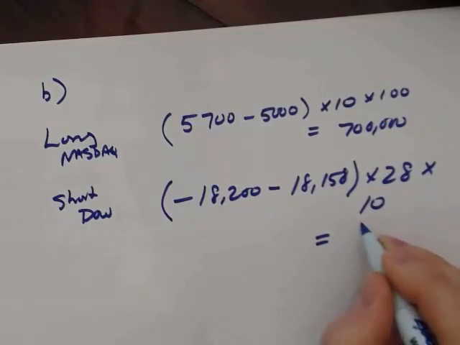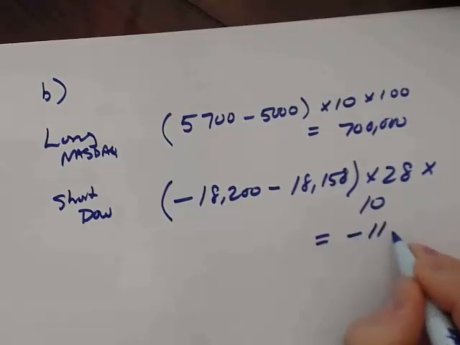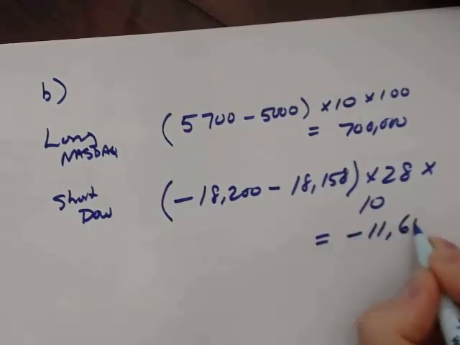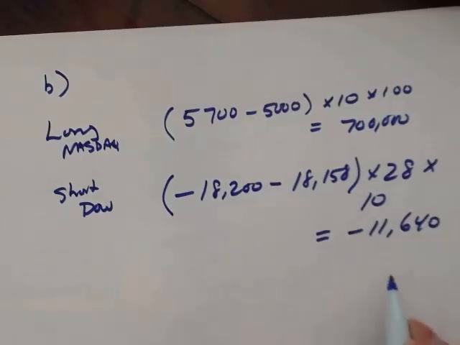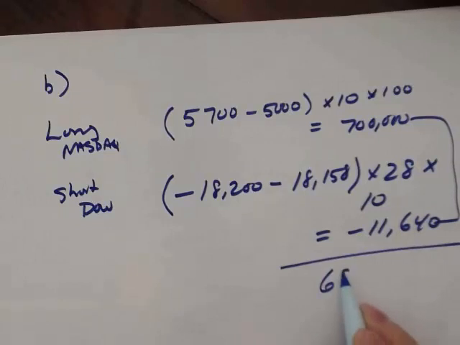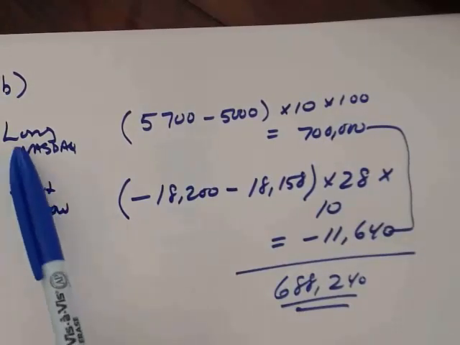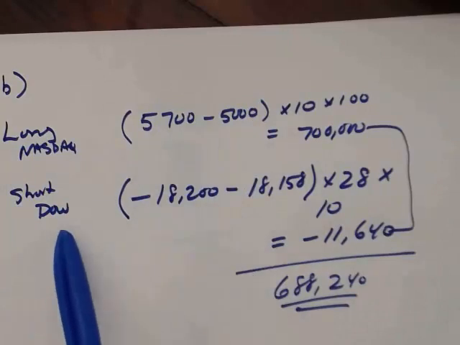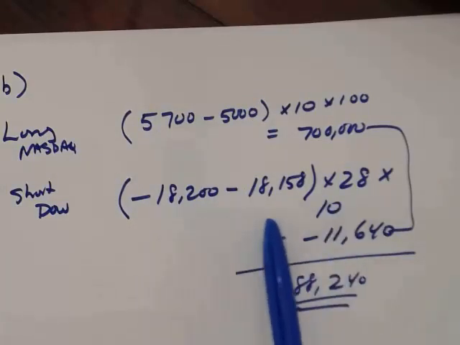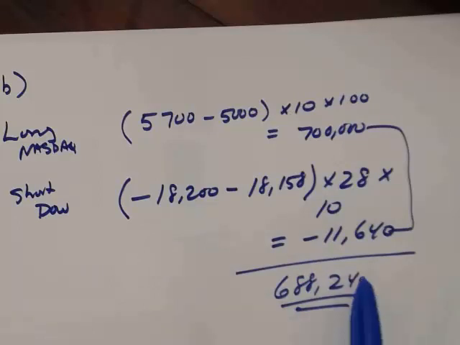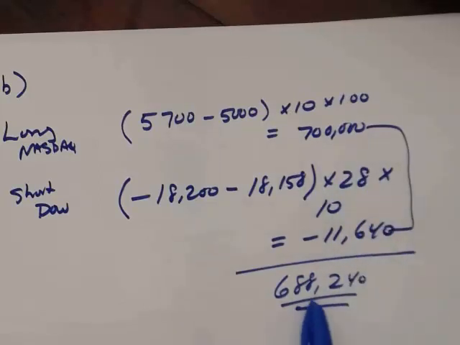And we lose $11,640. So overall, the net effect of this position was we made $688,240. Things pretty much went like we thought they would. We thought that the NASDAQ would go up, the Dow would stay relatively unchanged or even drop a little bit, and so we have a profit of $688,000.